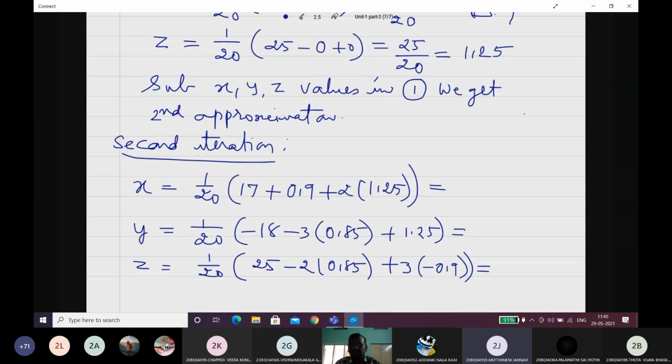X is equal to 1.02. Y is equal to minus 0.965. Z is equal to 1.3525.